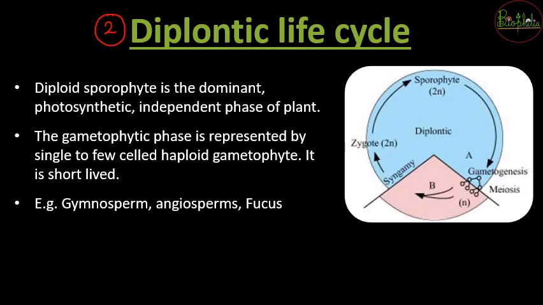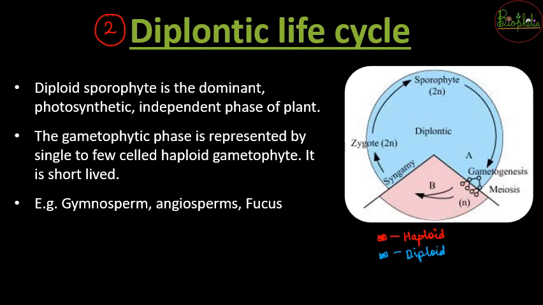Now diplontic is going to be the exact opposite of haplontic. How is it opposite? Because the red colored or the pink colored part, which is shown as the haploid state, and the blue colored is going to be the diploid phase. So how is it different from the previous image?